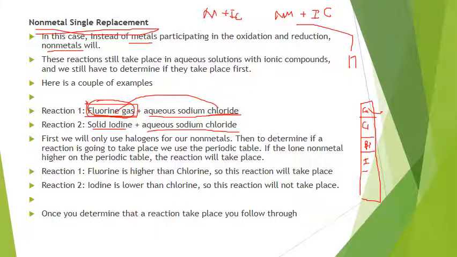If fluorine is higher up, then the reaction takes place. And it is. Okay, so this reaction will take place. All right, how about this reaction? Iodine and sodium chloride. Is iodine higher than chlorine? No, this reaction won't take place.